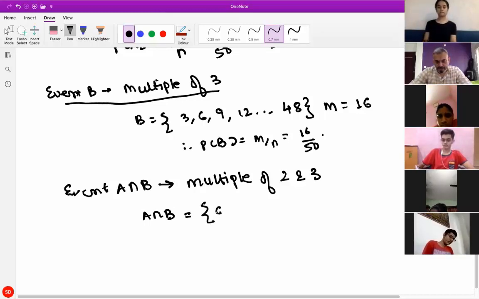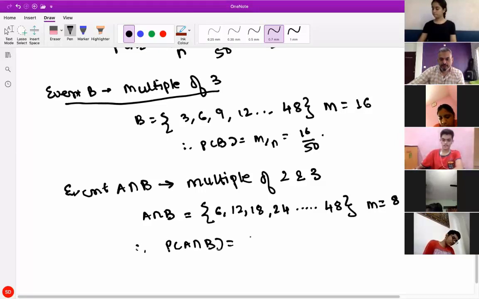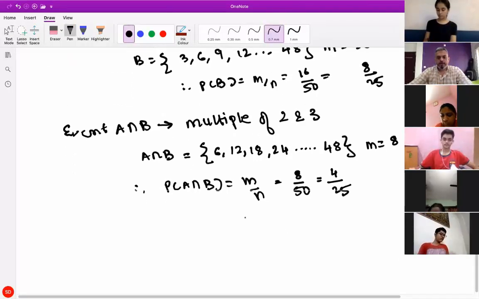So 6 के multiple: 6, 12, 18, 24, goes on and on up to 48. So m is equal to 50 divided by 6. 6 eights are 48. Therefore, probability of A intersection B is equal to m upon n, which is equal to 8 by 50.